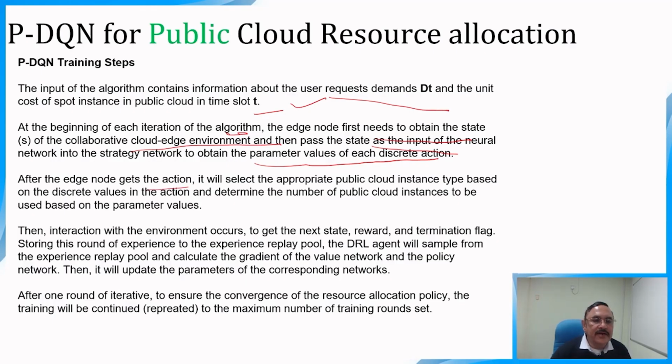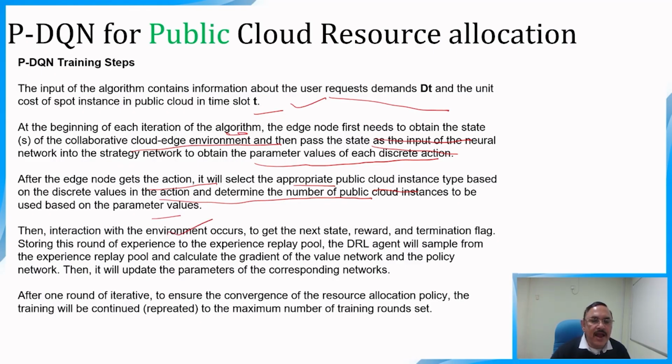Once the edge node gets the action, it will select the appropriate public cloud instance based on the discrete values in the action and determine the number of public cloud instances to be used based on the parameter values.